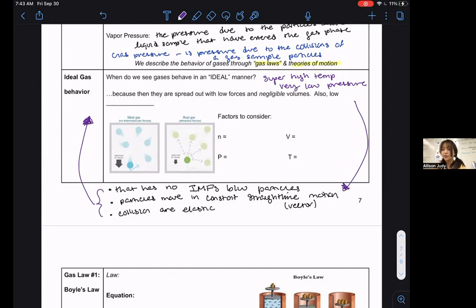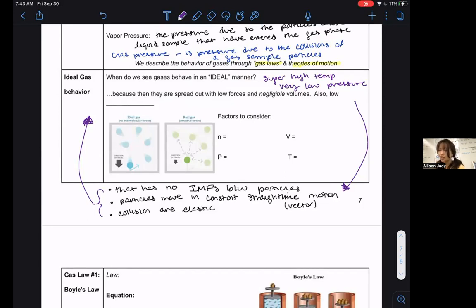If you have a ton of space between your very small particles that are moving super fast due to high temperatures, you don't have anything condensing them together, so you're not going to get very many IMFs between them. That means the faster they're moving, the more likely they are to move in straight line motion. And when they do collide, the more likely they are to skim past each other and not get stuck.